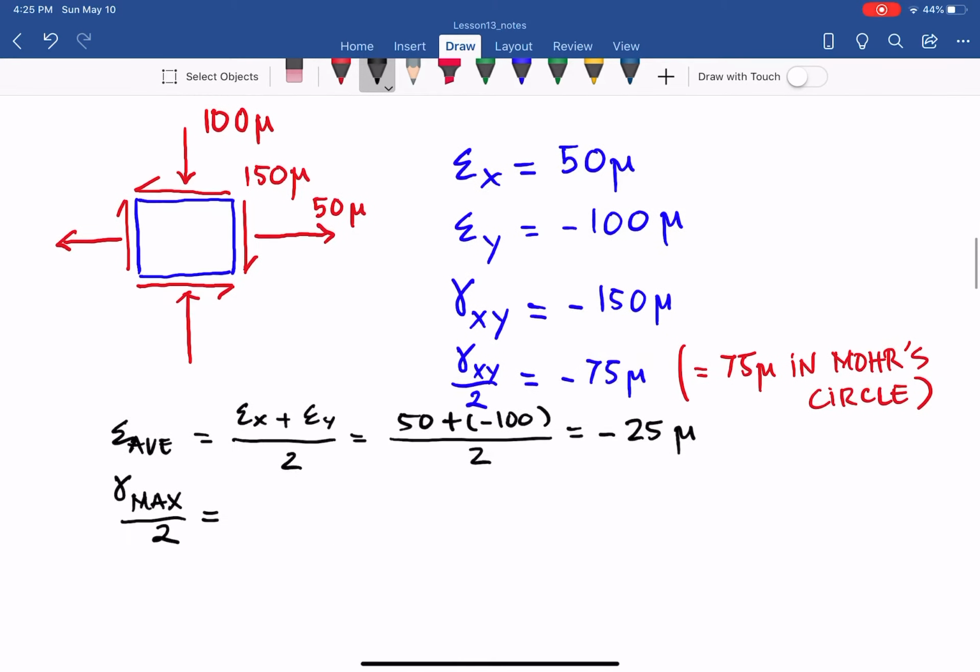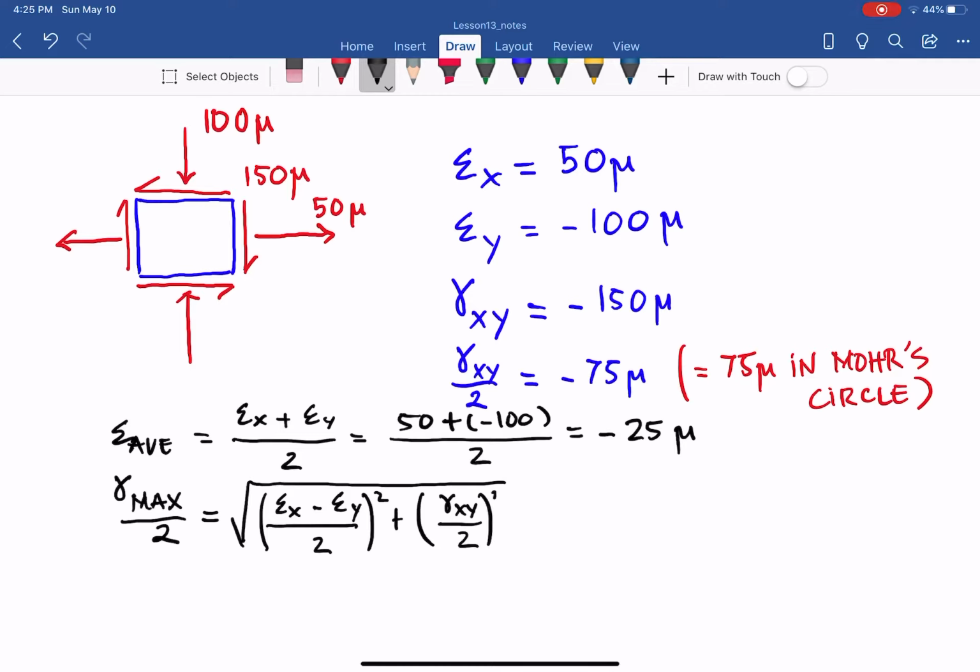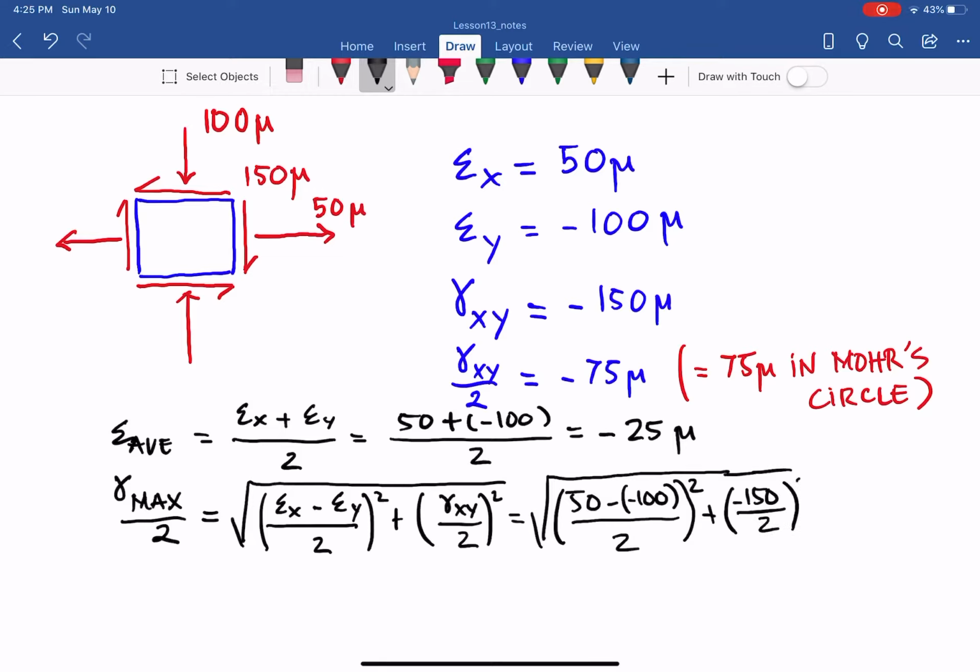It will be the square root of epsilon x minus epsilon y over 2 squared, plus gamma xy over 2 squared. So we have 50 minus negative 100, divided by 2 squared, plus 150 over 2 squared, and that is equal to about 106 micro, and that is actually the radius.